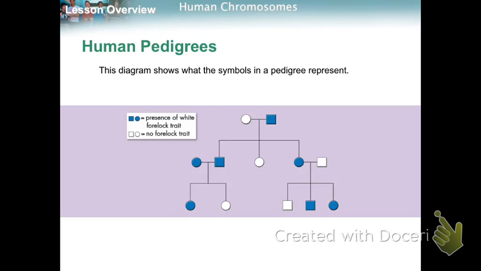These horizontal lines between males and females indicate not necessarily marriage, but that they've had children together. So these top 2 people had 3 children, a male and then 2 females. Usually we put these in order of age, so it's oldest to youngest from left to right.